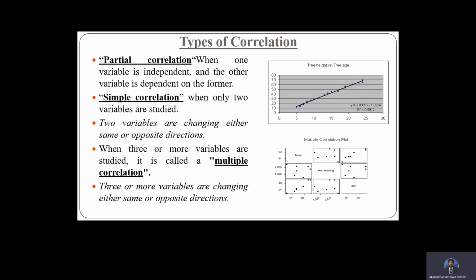Simple. If you study only two, not more than two, either it is increase or decrease. Then what is multiple? Two or more. I study two or more variables, multiple. Okay.